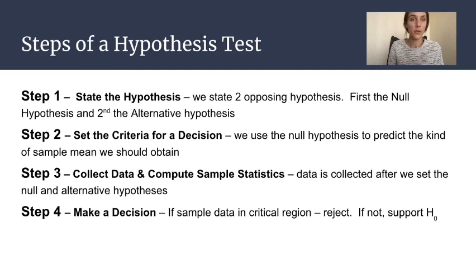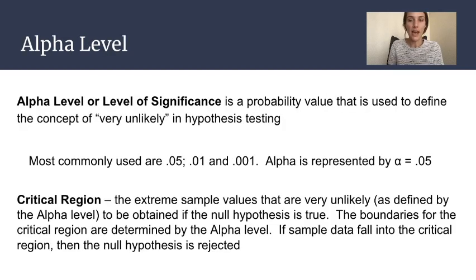All right, so we're going to go through a few more general ideas about hypothesis testing before we put it into action. The next major component here is what we call an alpha level, or a level of significance. Really important here is this is a probability, all right? So an alpha level or a level of significance is a probability value, just like we learned to calculate, right?